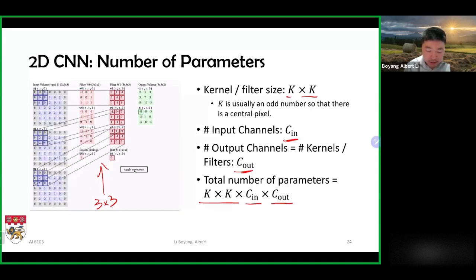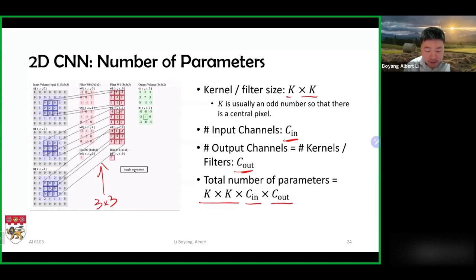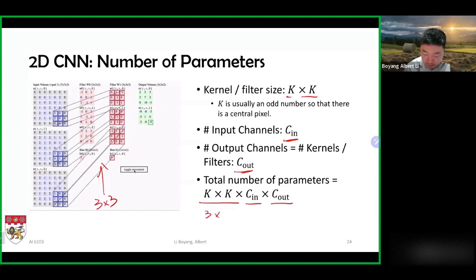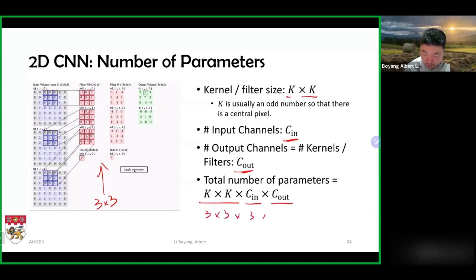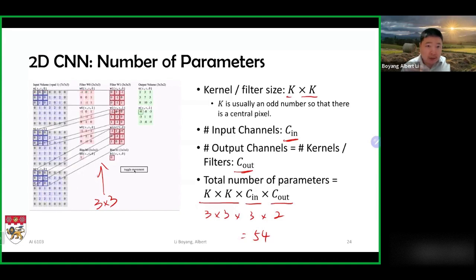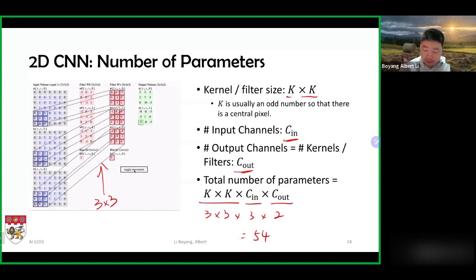Here I have 3 input channels and 2 output channels, and my k is 3, so I have 3 times 3 times 3 times 2, which gives us 54 parameters, assuming the biases don't exist.